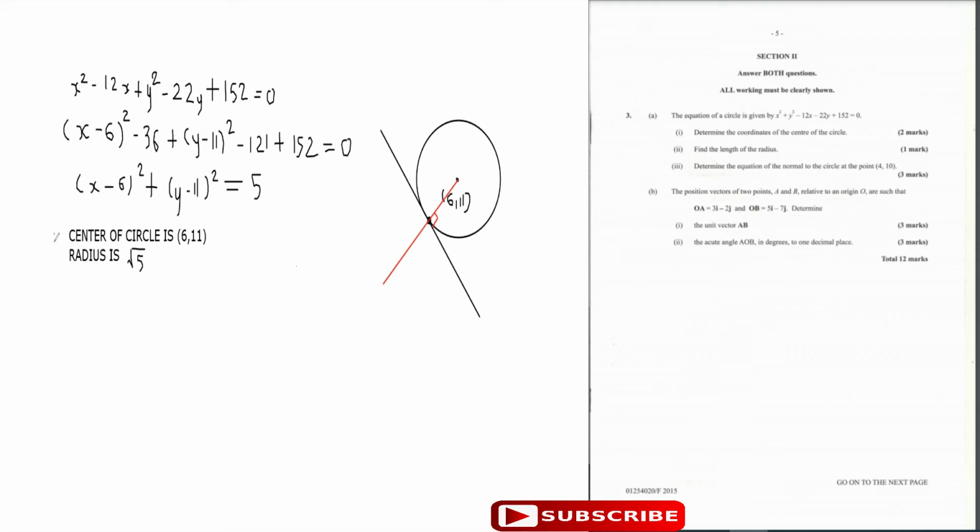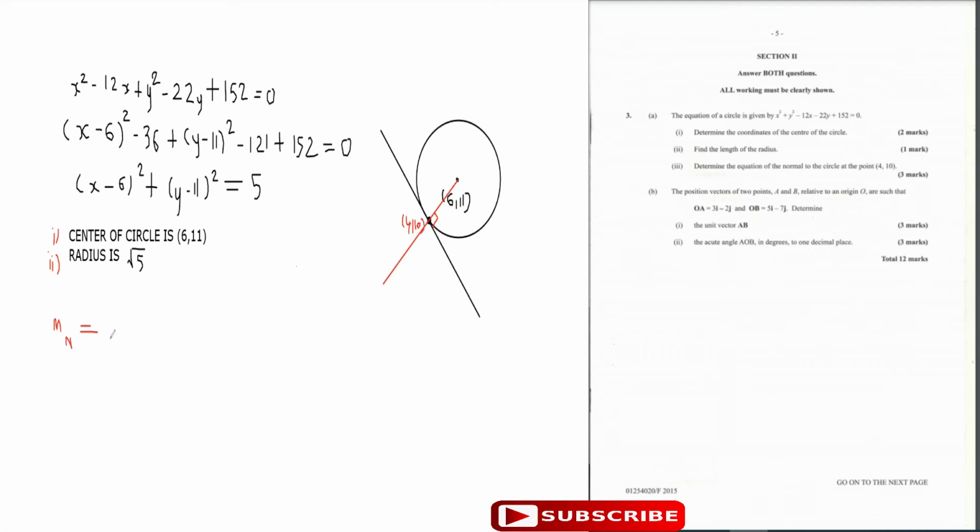Oh, so this we can write down. This is part I. And now they want the normal. So first thing we'll start with is the gradient of the normal. The gradient of the normal is going to be equal to, this point, as we know, is (4, 10). And so it's going to be y2 minus y1 over x2 minus x1.